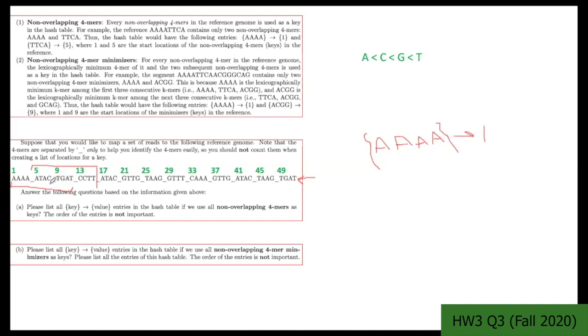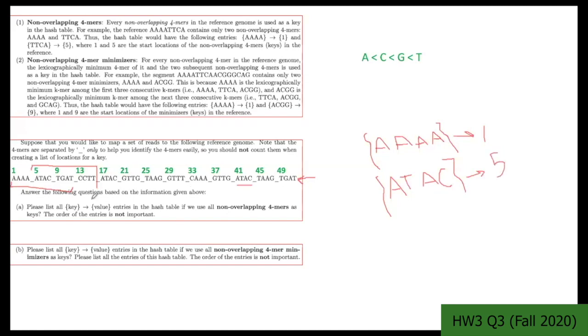The first one starts with A, the other starts with T, the third starts with C. So the minimum should be the one starting with A. And then we need to store A, T, A, C. Again, we cannot search for ATAC if it exists somewhere else, like here, and then append here 41. No, it won't work this way because we need only to store minimizers. So don't hurry, wait until you finish all k-mers. And here the location is 5.